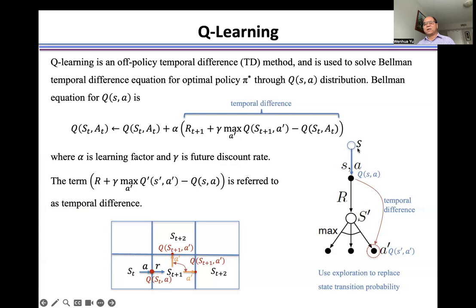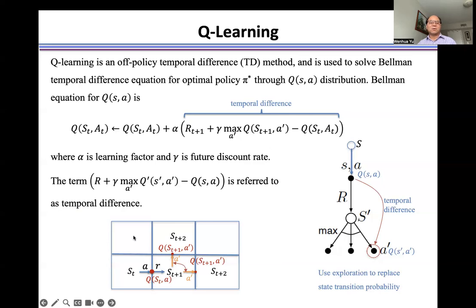And then our agent moves from its current state to the next state. At the next state, the agent needs to scan the new actions A prime, to see which action can generate the maximum Q value. Then we get this maximum Q value, and we can update the Q value at this point.